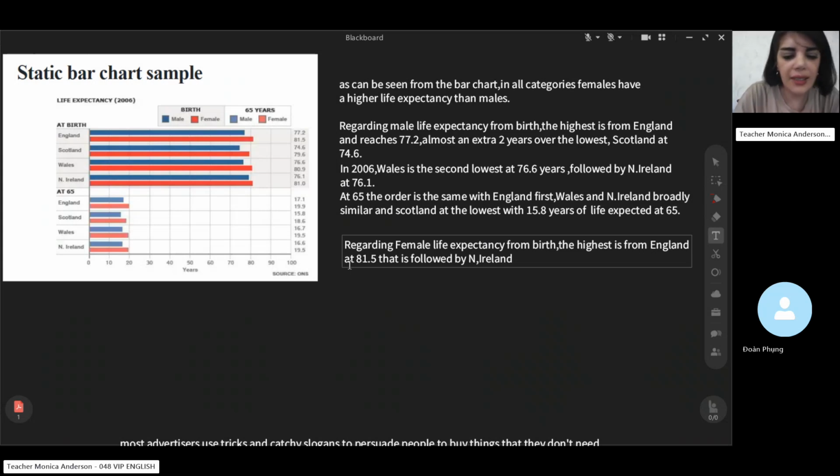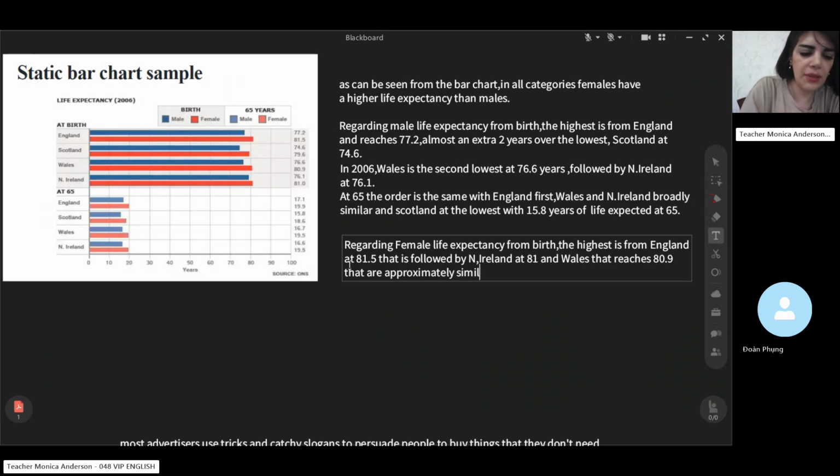Then Wales reaches 80.9, approximately similar.